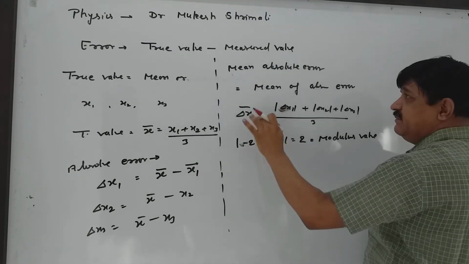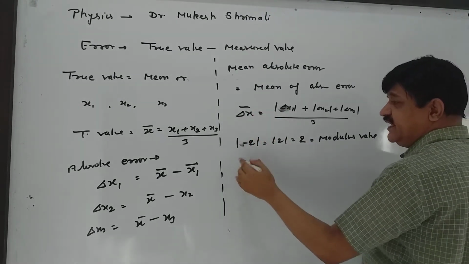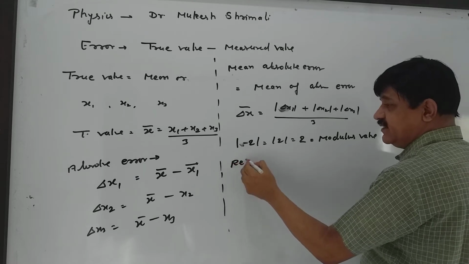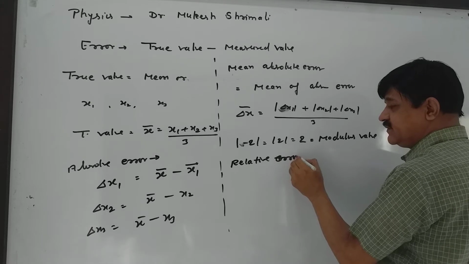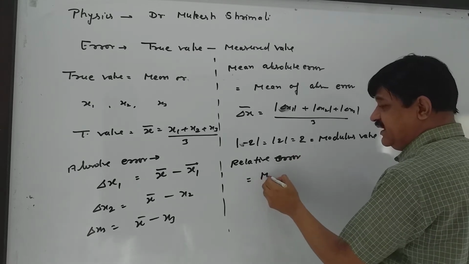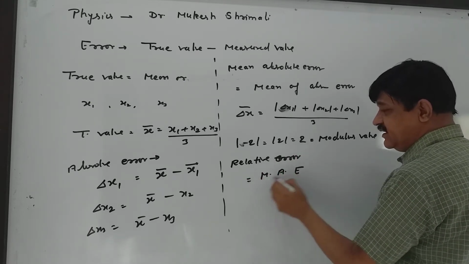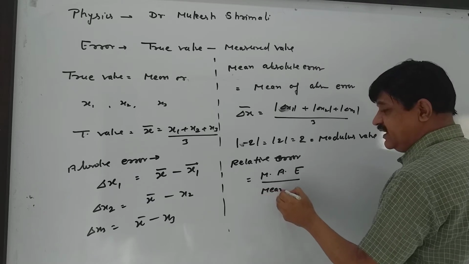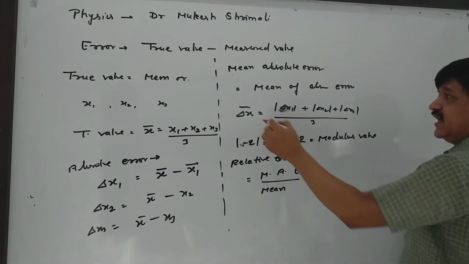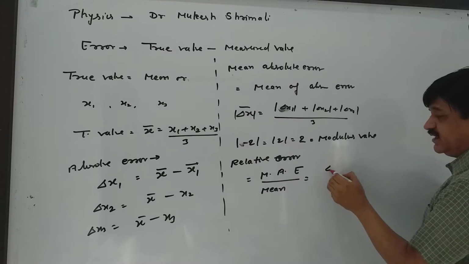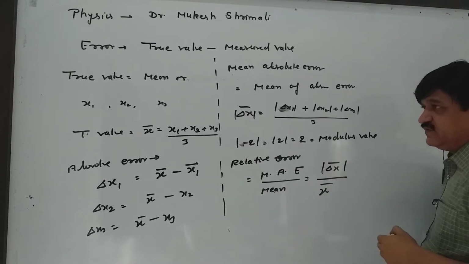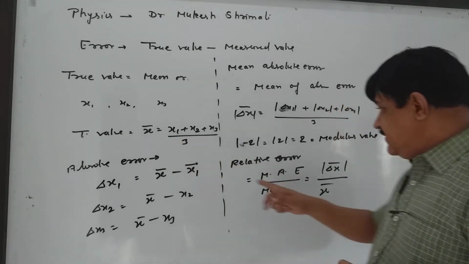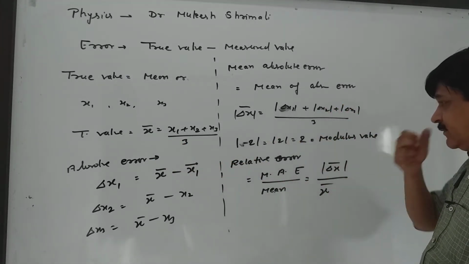Then after finding mean absolute error, we can calculate the relative error. Relative error is the mean absolute error divided by the mean. As we have the symbol del x bar for mean absolute error and x bar for mean, we can find the relative error.